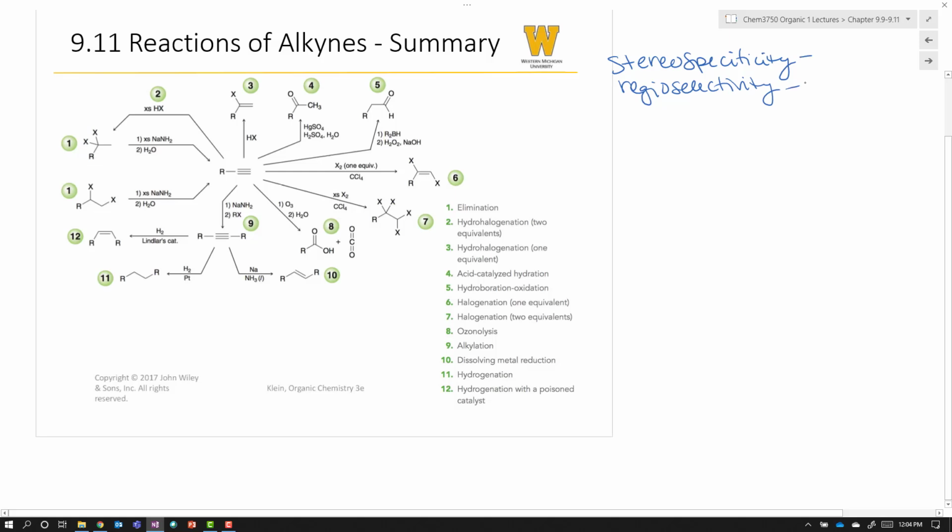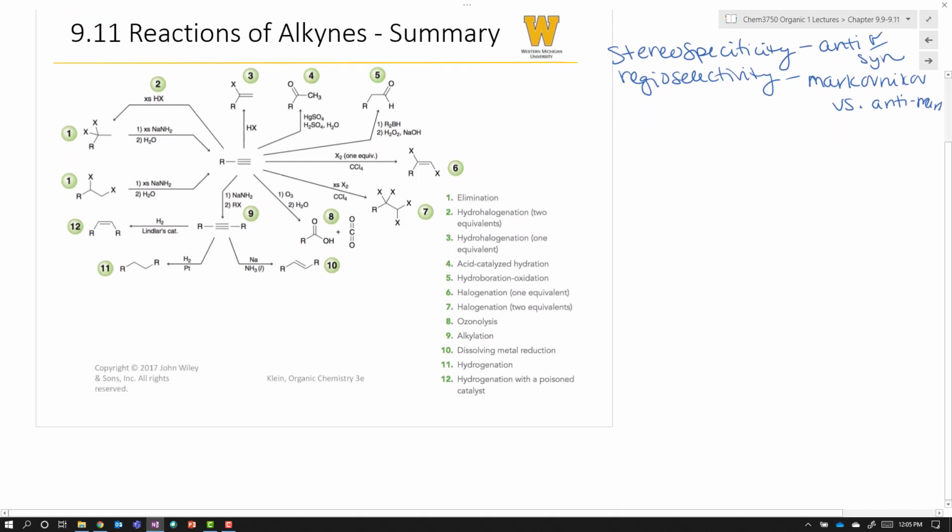And so what do I mean by that? Your stereospecificity will be your anti or syn addition reactions, and regioselectivity would be your Markovnikov versus anti-Markovnikov. You should just say anti-Mark. That's not fitting very well here.